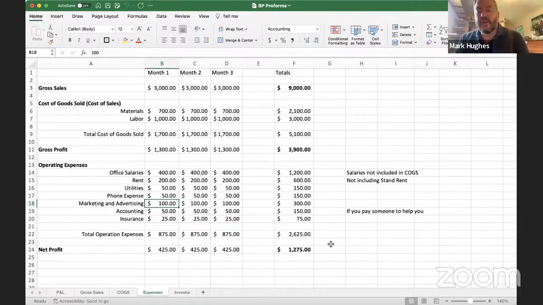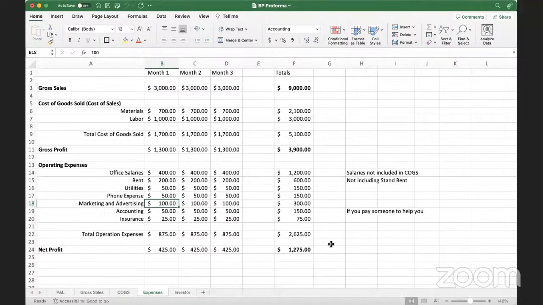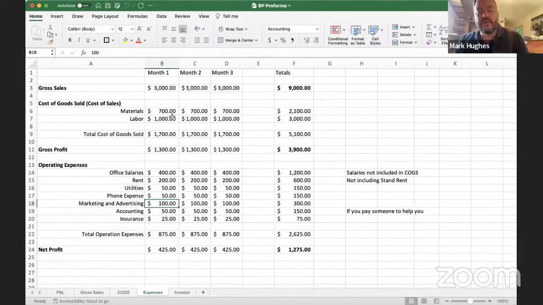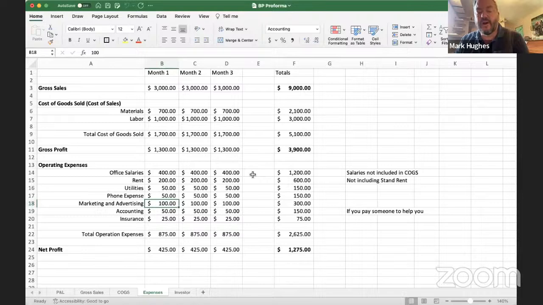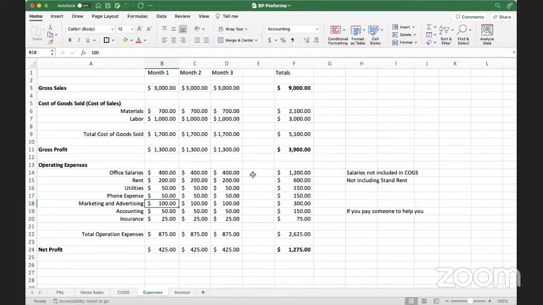If you are the one selling the product, then you would be paying yourself 1,000 kwacha, and then you would be paying yourself another 400 kwacha.